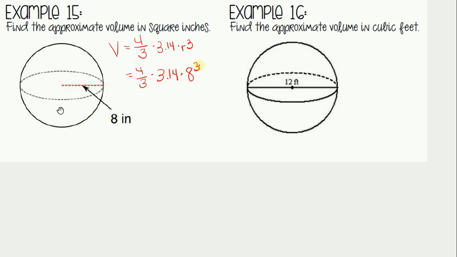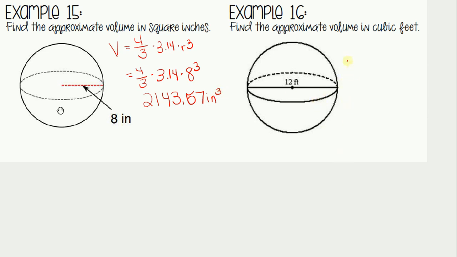So, calculator here, 4/3, which you can just do 4 divided by 3, times 3.14 times 8 to the power of 3. I get a value of 2,143.57 inches cubed for an answer.